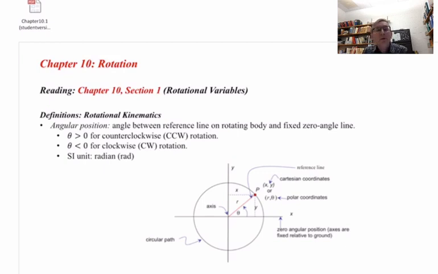The reading for this video lecture is chapter 10, section 1, in which we're going to define all the useful rotational kinematic variables, the rotational version of all the kinematic variables we studied in chapters 2 and 4.